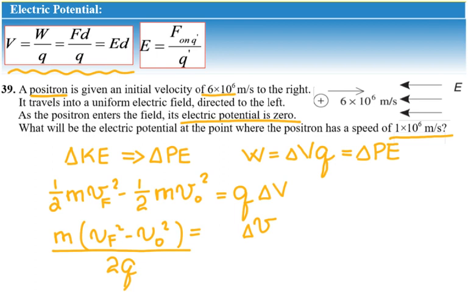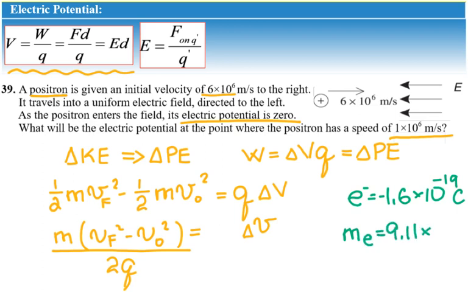The charge of the electron is negative 1.6×10^-19 coulombs, and because it's a positron, it's just the positive part. The mass of the electron is 9.11×10^-31 kilograms. You are usually given these numbers on the AP exam, so you don't have to memorize anything.